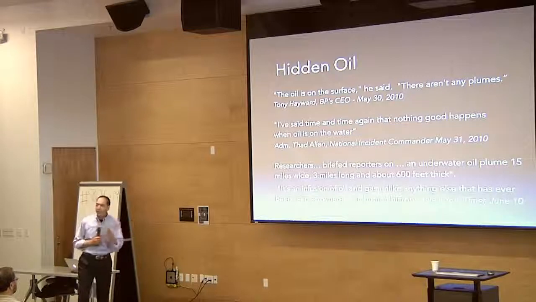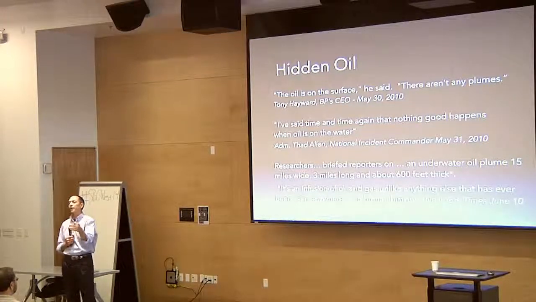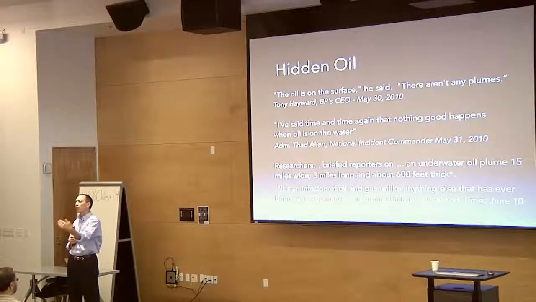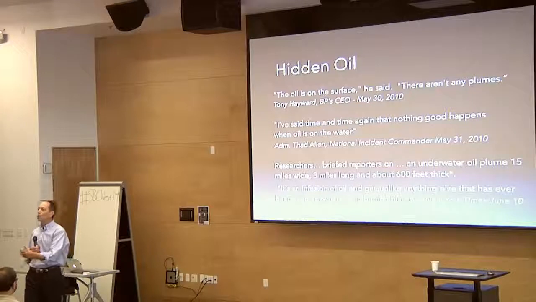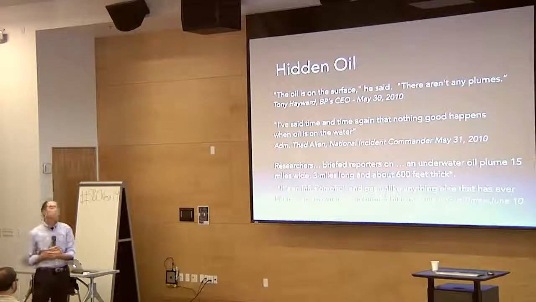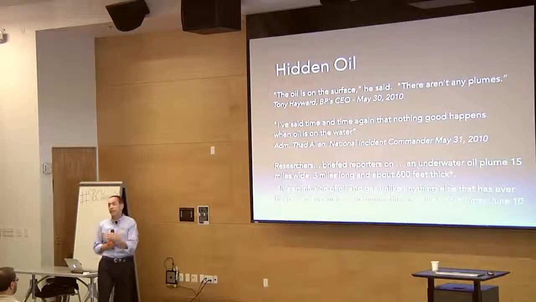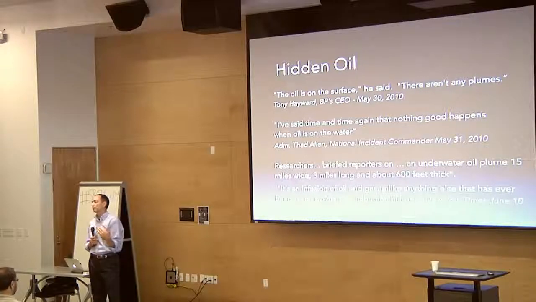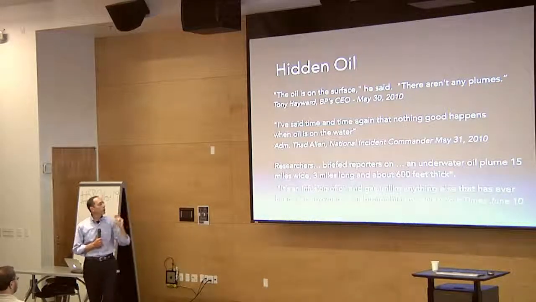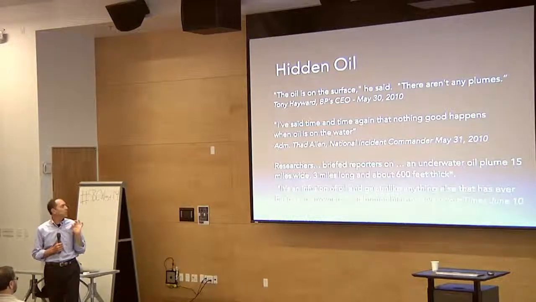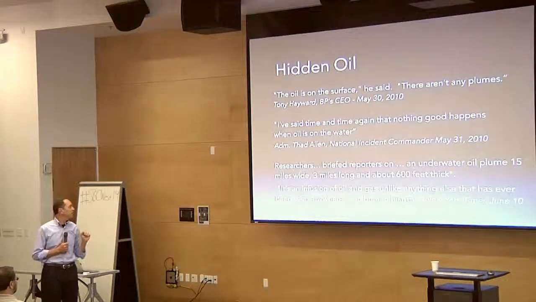But then we have scientists starting to come into play, and the interface between science and the information flow to the public, which I think is something that all of you are very interested in. And also interested, obviously, in the flow of information to and from researchers. So researchers briefed reporters on an underwater oil plume 15 miles wide, 3 miles long, and 600 feet thick.